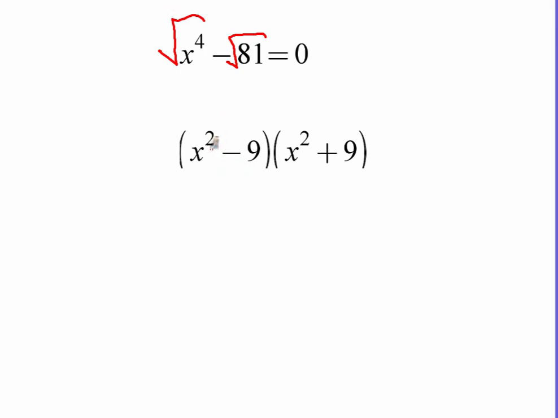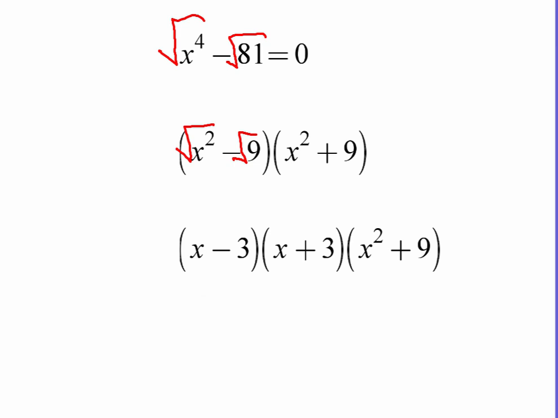It turns out that x squared is a perfect square, and 9 is also a perfect square. So for x squared minus 9, I can take the square root of both of these. The square root of x squared is x, and the square root of 9 is 3, so I've got x minus 3 times x plus 3.